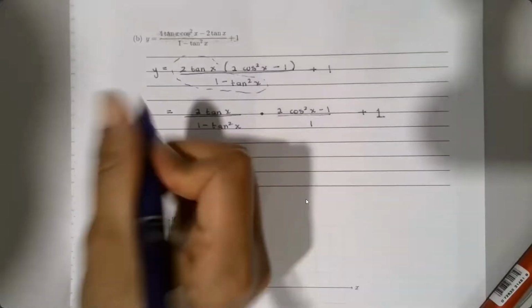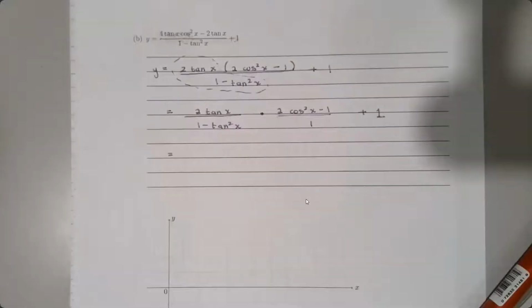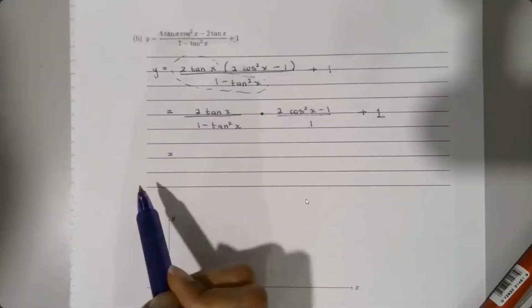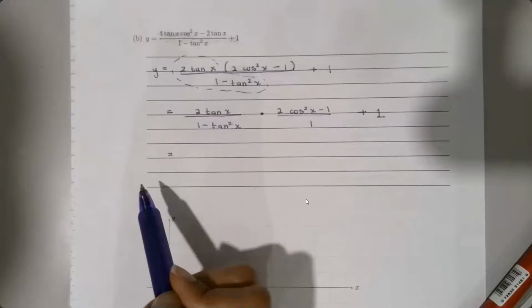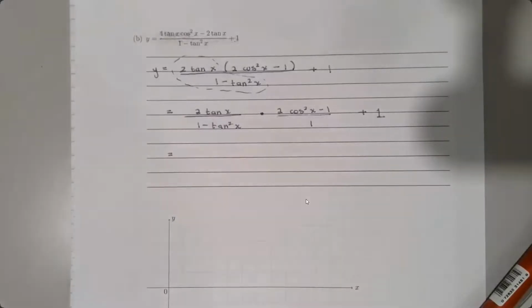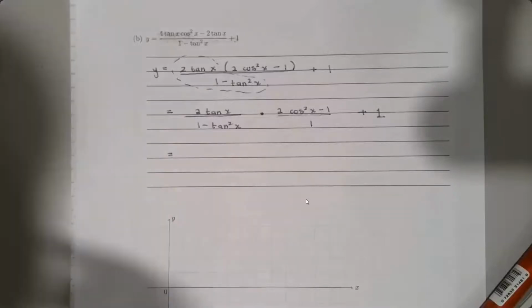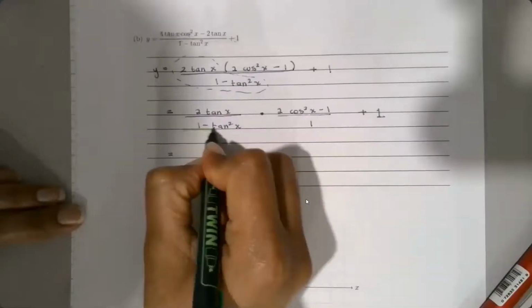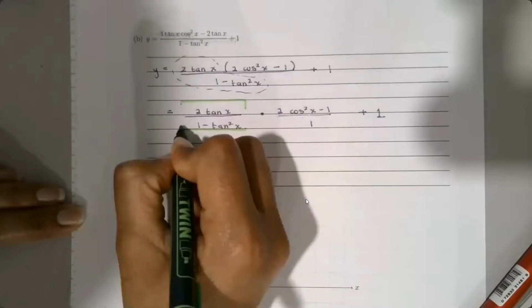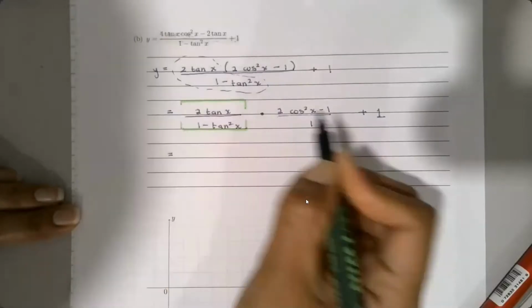And the reason why I'm saying that is because 2 tan x over 1 minus tangent squared x actually boils down to something much simpler. Take a look at the identities. So we see what can be applied just for this part here. It's a double angle formula. Yeah, very good.